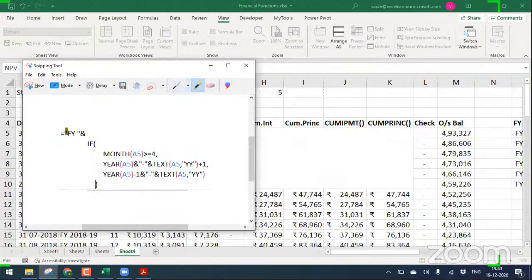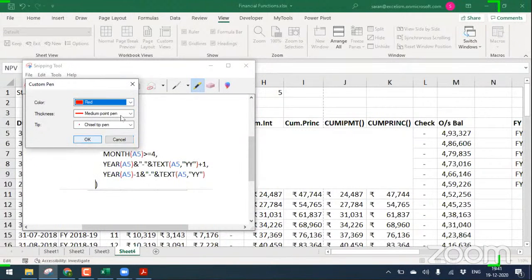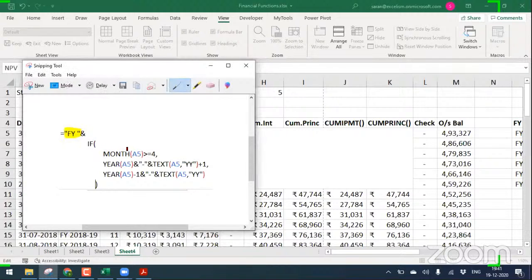I want to join this part wherever it is required. I'm asking a question, the logical question. The logical question is: is it true? If the month is, let's take a different color, if the month is greater than or equal to 4, then if it is true, you take the current year.